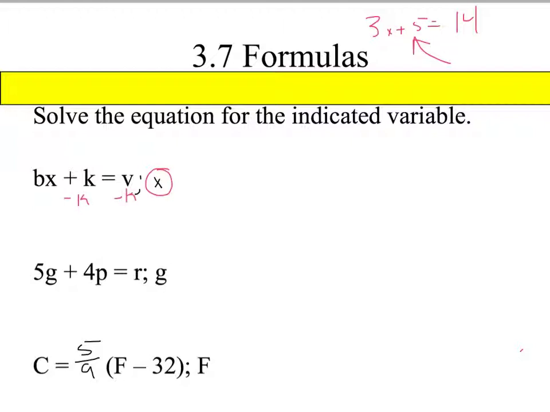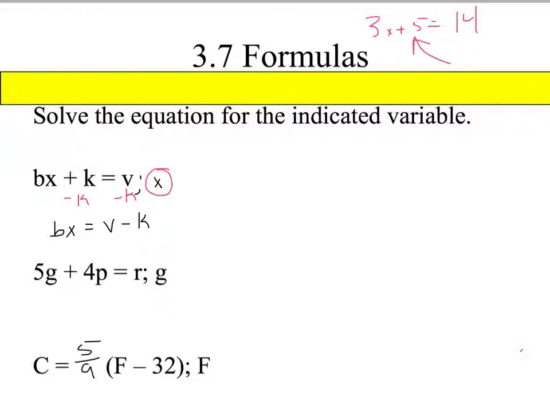Now I have bx on the left side is equal to v minus k on my right side. I brought that k over from the left to the right.